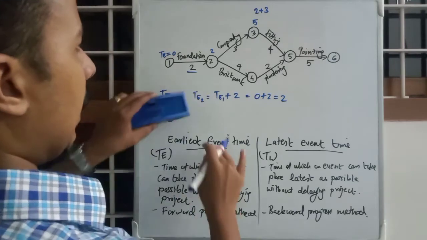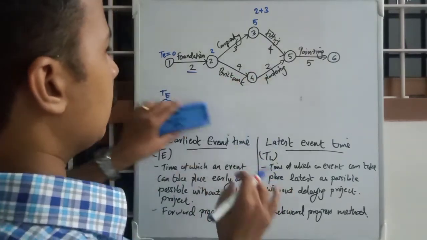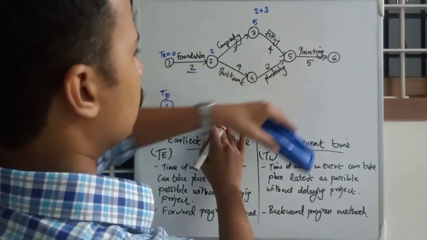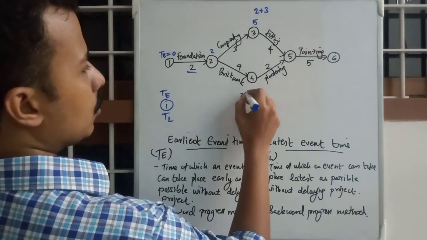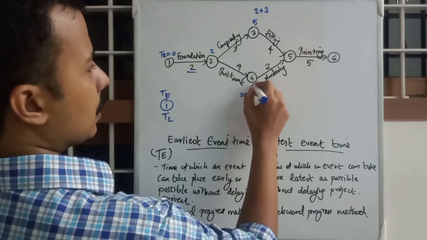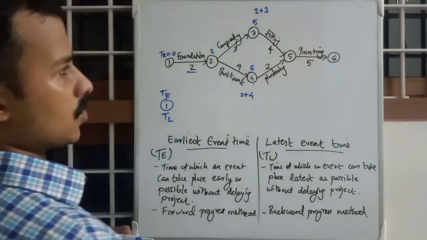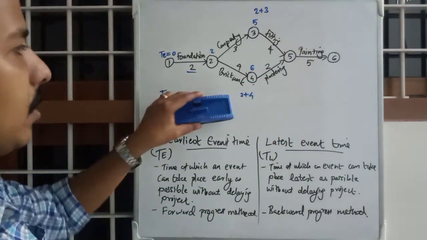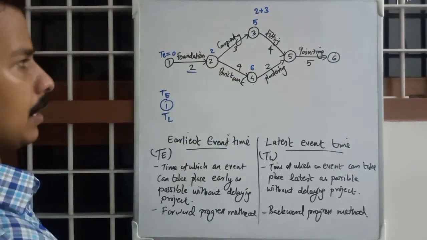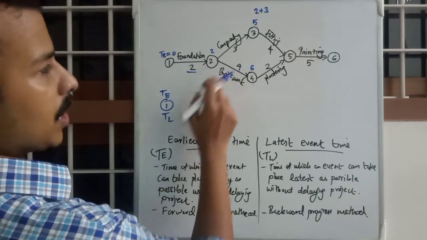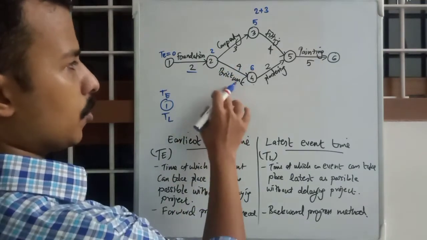TE of 4 is 2 plus 4, that is 6. Everything written at the top is TE: 2 plus the duration of that process, 2 for brickwork.